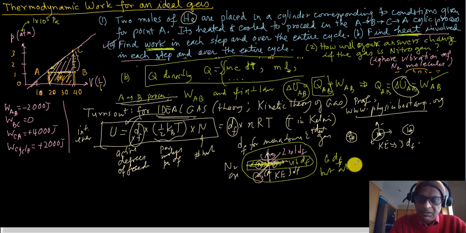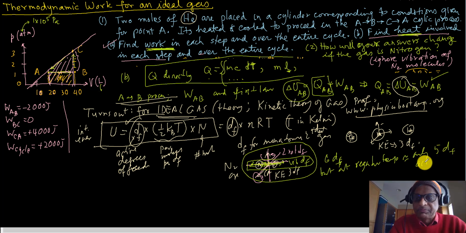At regular temperature like room temperature, you'll have only 5 degrees of freedom active. So in this formula for nitrogen, instead of 3, we can use 5. So that answers number 2 here.